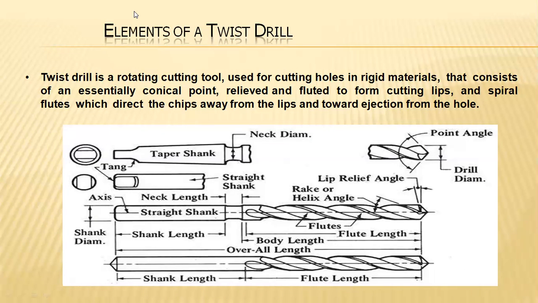There are different sections: a taper section with respect to the neck diameter, point angle, drill diameter, helix angle, maintaining its flutes with parallel inclination with respect to the rake, lip relief angle, and overall length, which has its shank length and flute length.